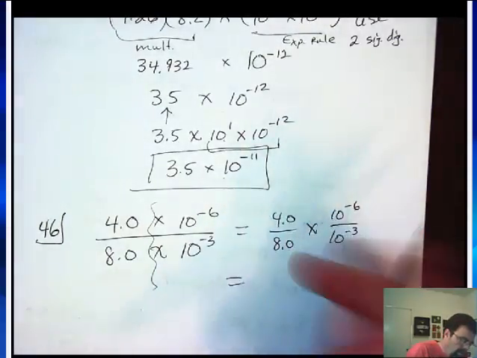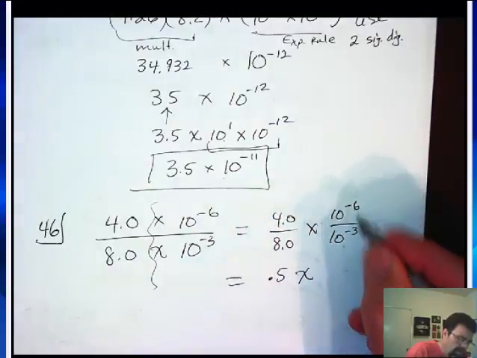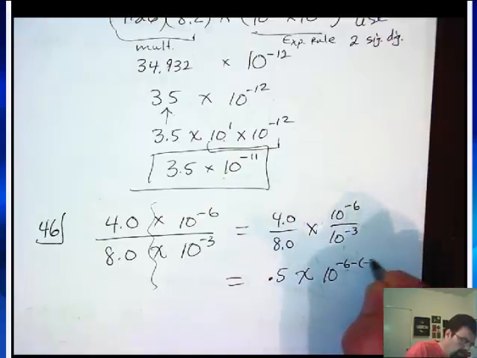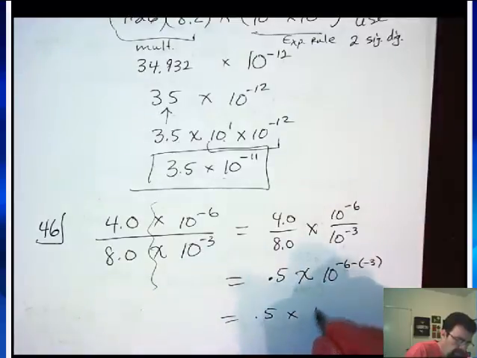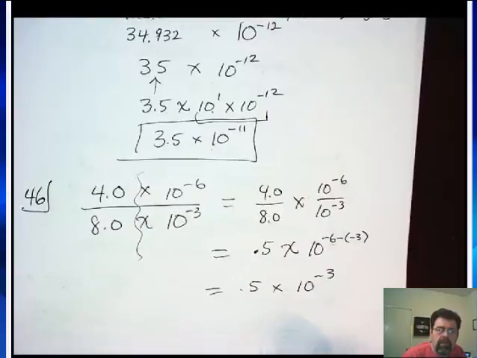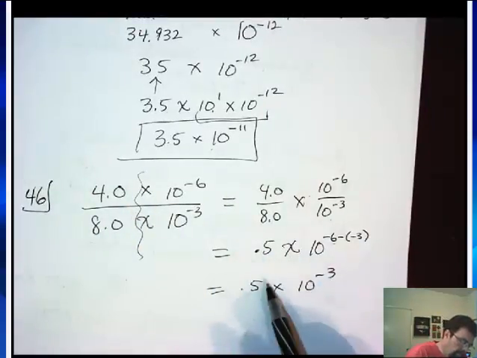So 4 divided by 8 is 0.5. Negative 6 minus the negative 3. Okay. Now we only need 2 significant digits, so we're okay there.